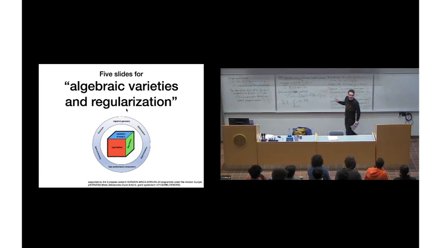Whatever you get before taking the closure is isomorphic to the hyperplane complement given by the columns of A.